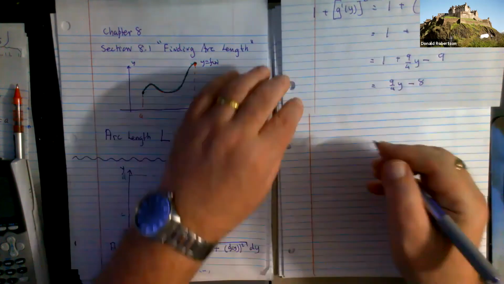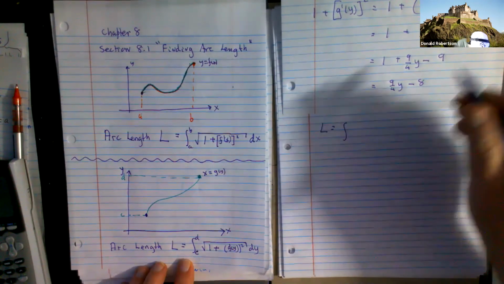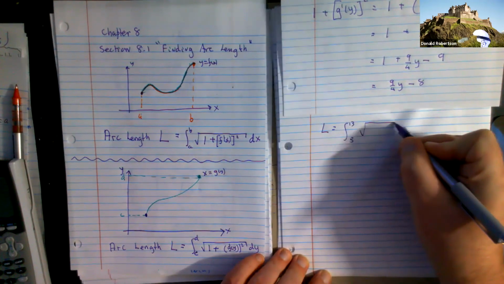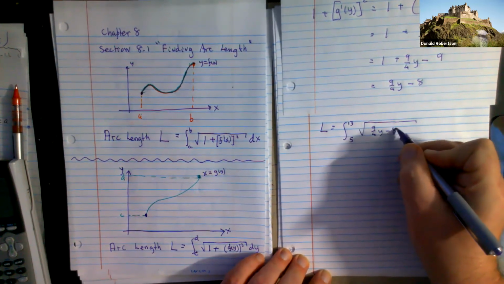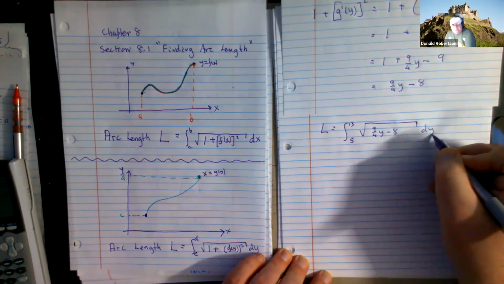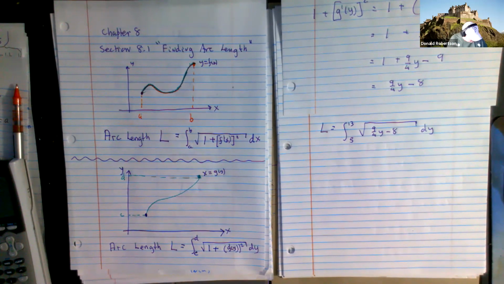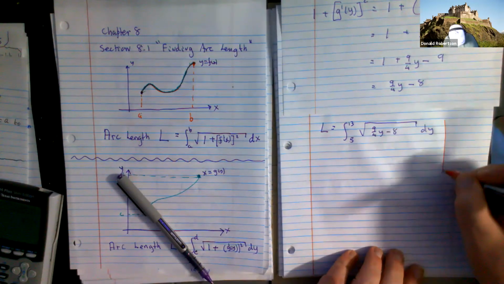So our arc length is going to be the integral from 5 to 13, the square root of this guy, dy. I'm not going to finish this question, but I will start it for you.